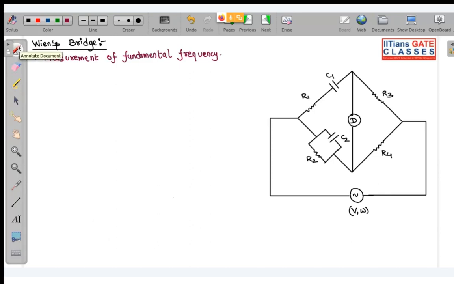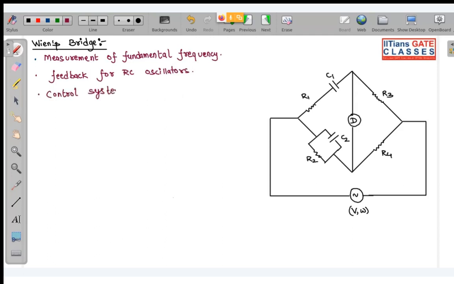Okay, very good. So Wayne's bridge is used in the measurement of fundamental frequency. Sometimes it is also used as feedback for RC oscillators. And when you study control system, it will be taken by me only.